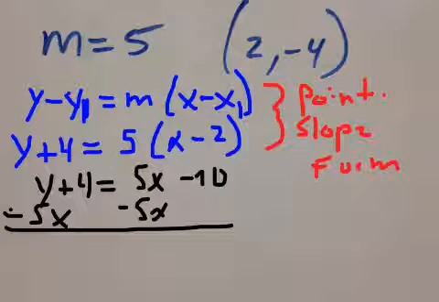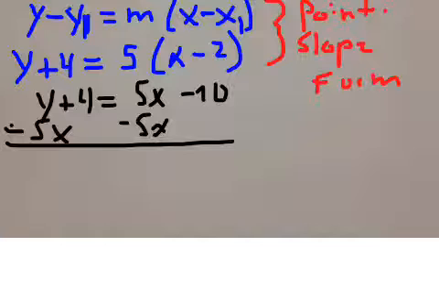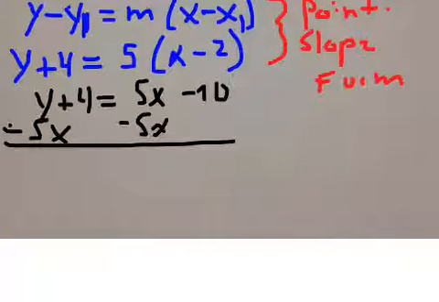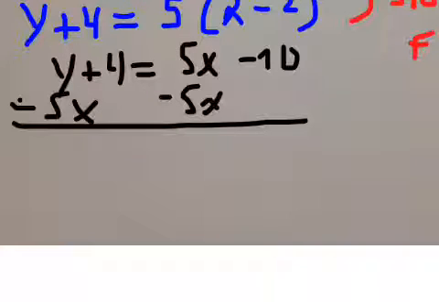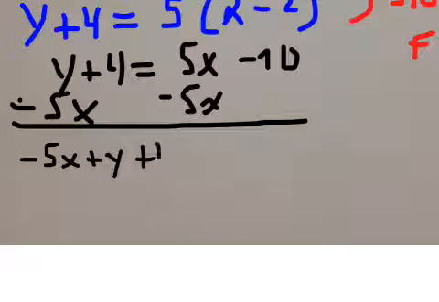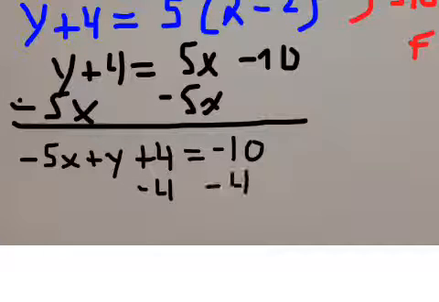And what that gets us is -5x plus y, and then we have the plus 4 still on this side, equals -10. But we want to get rid of that 4, so we're going to subtract 4 on both sides.